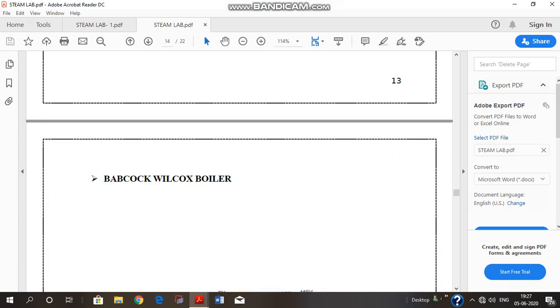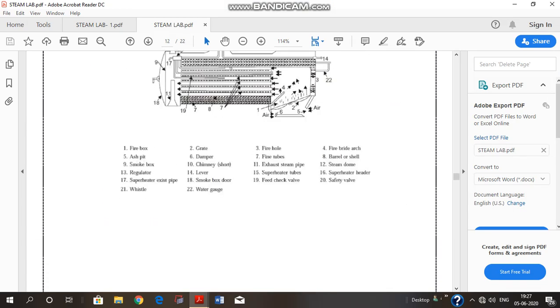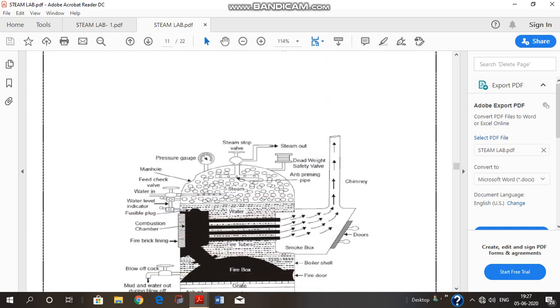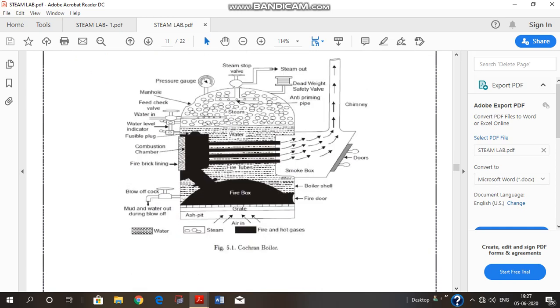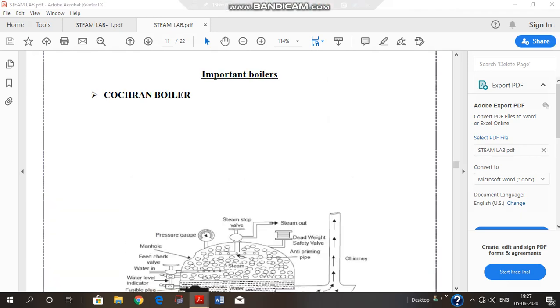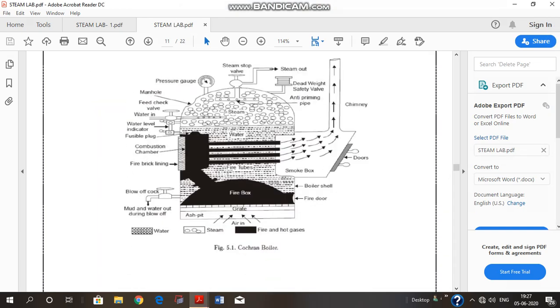Now we discuss some things regarding the fire tube boilers, one of which is called the Cochran boiler. This is the Cochran boiler, and it is a fire tube boiler. Why is it a fire tube boiler? Please note that this is the grate area, or we can say it is a firebox.